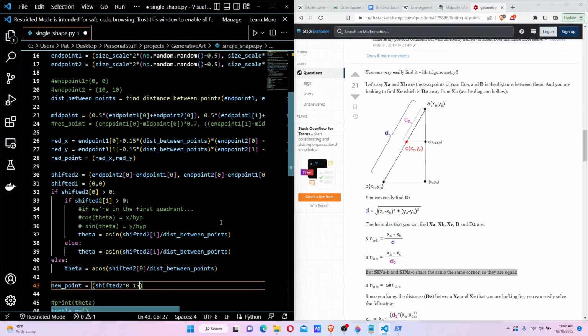Should be scaled down. Actually should be 0.85.